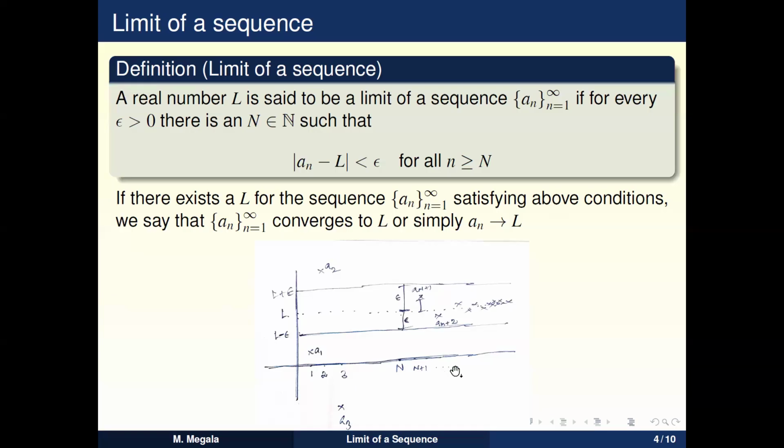From n plus 10 also they are inside this neighborhood. It's obvious, right? N plus 100, n plus 10, it will be there too. So if we know one n, then any larger n we take also satisfies this inequality. Just keep this in mind, it will be helpful in some other places.